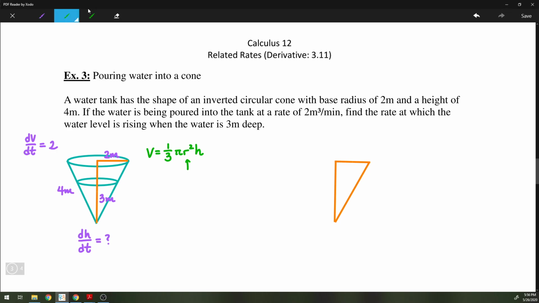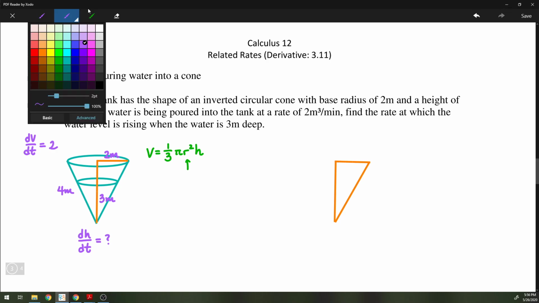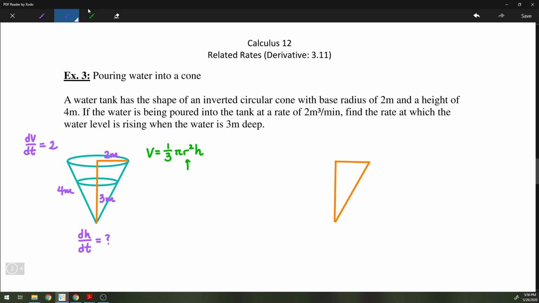So in this case, if you look at the diagram, this is 2 meters here at the maximum. This is a cross section of the cone on just the triangular side, as you can see here. Same thing, this would be 4 meters.